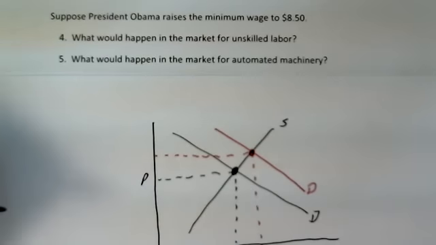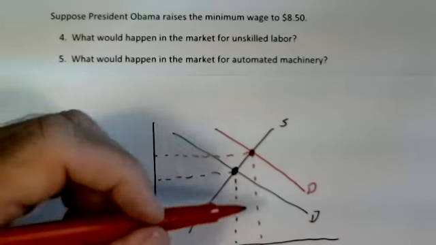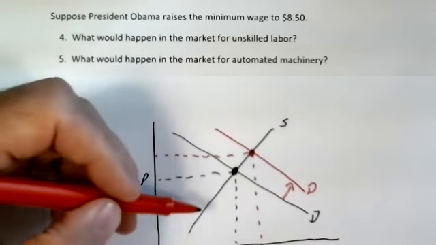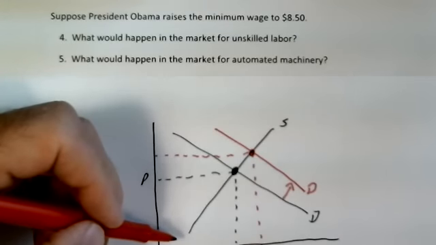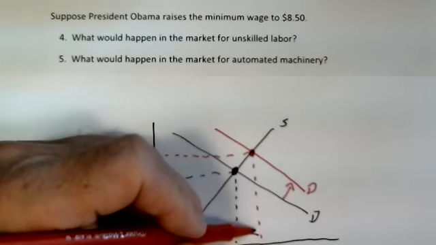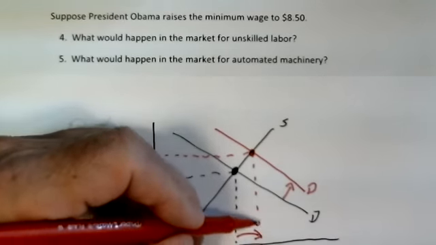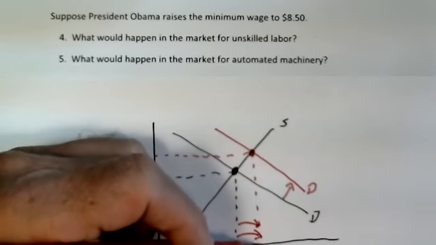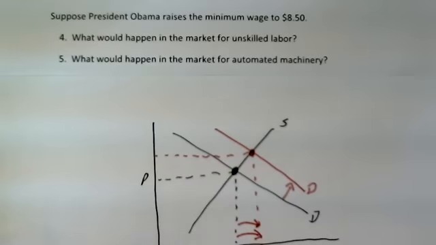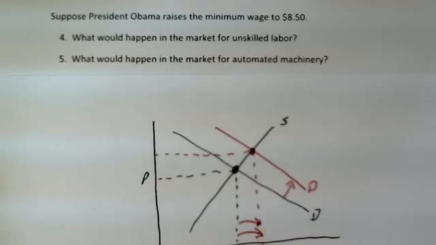And so we can see that the demand curve has increased, the supply curve has stayed the same, and quantity demanded and quantity supplied have both increased from the original equilibrium out to the new one. That, by the way, is sometimes difficult for students to see. Every now and then somebody will ask me about this.